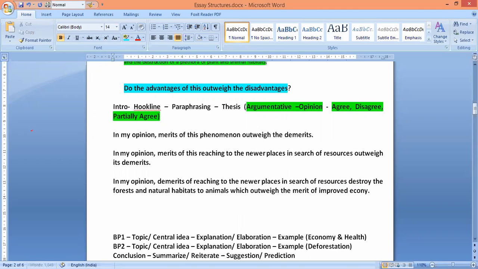You just need to change the side. Now, demerits of this outweigh the merit of this?